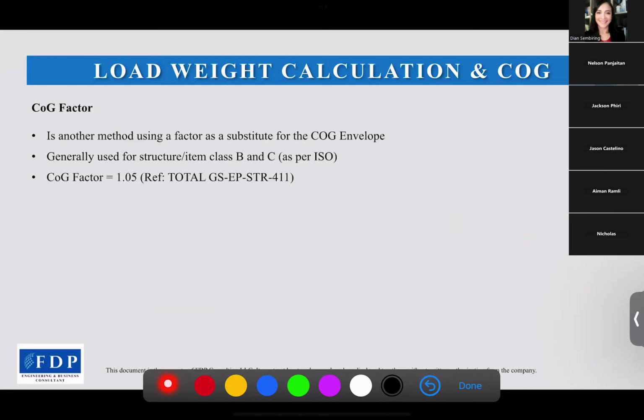And then we continue with the COG factor. For the COG factor, we simply apply a factor to the gross weight.